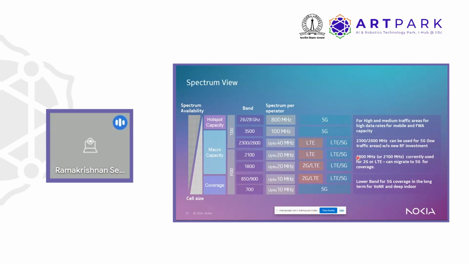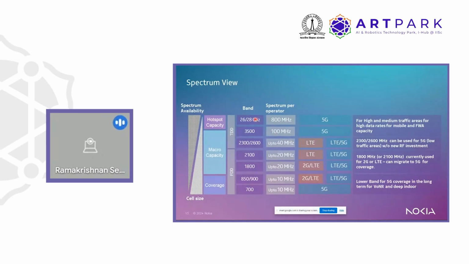Then there is N1, band 40, band 41, which is 2300 and 2600 megahertz. N78 is 3.5 gigahertz. And then we have N258, which is the 26-28 gigahertz band. That's for millimeter wave.